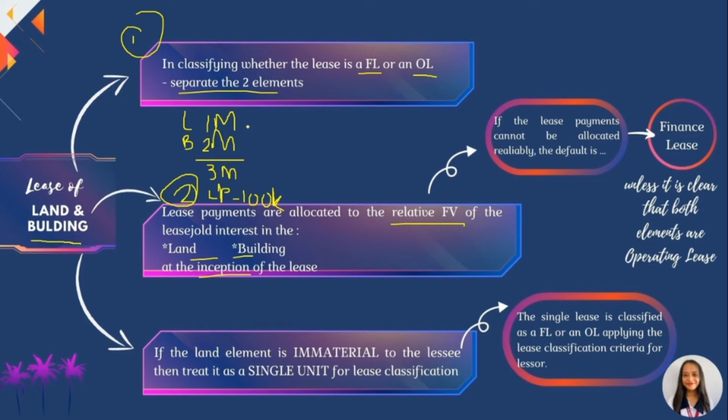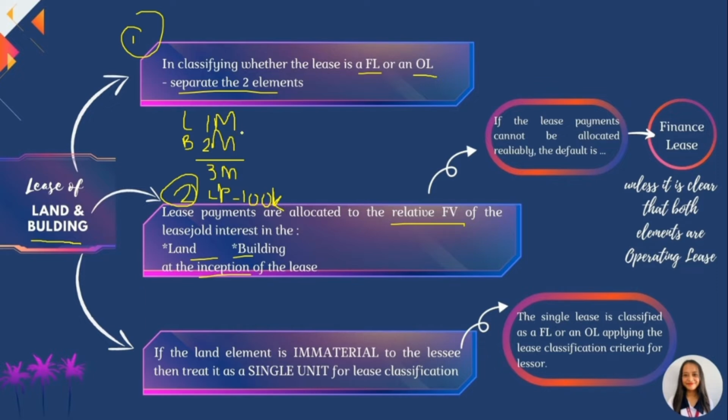So, what it says is, separate the two elements. So, this 100,000 lease payment will be allocated to the land or to the building. The question is, how much for the land and how much for the building. So, what happens is, you allocate the lease payments based on the relative fair value of the land or the building.